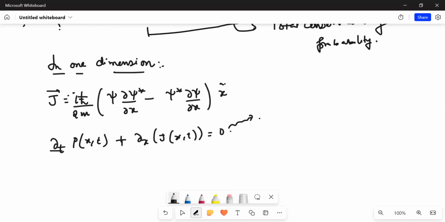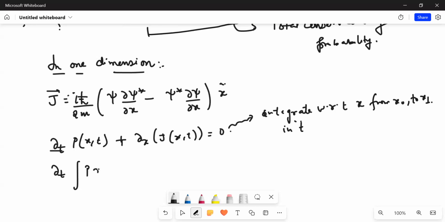Now let us integrate this with respect to x from, let's say, x0 to x1, and in time t. When I'm integrating with respect to x, I'm differentiating with respect to t, so I can take the partial derivative outside and also take it inside if I feel like.